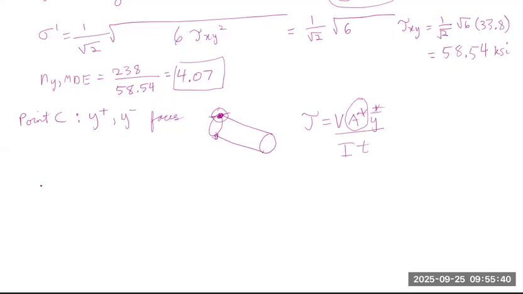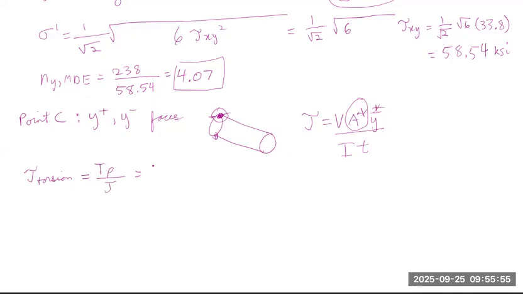So we will focus on the torsion. Shear stress due to torsion at maximum location will be at the radius, but the general form is given by torque times rho over the polar moment of inertia.